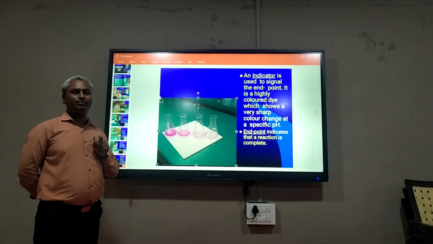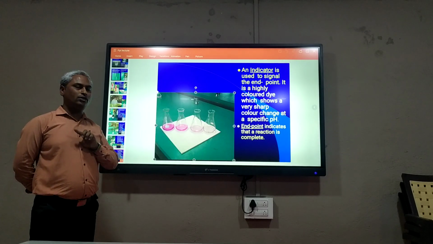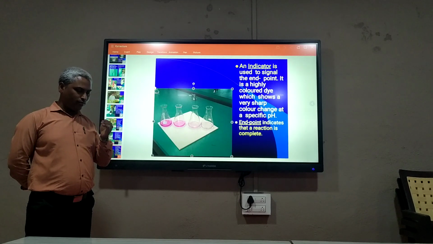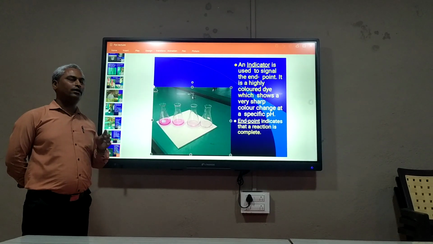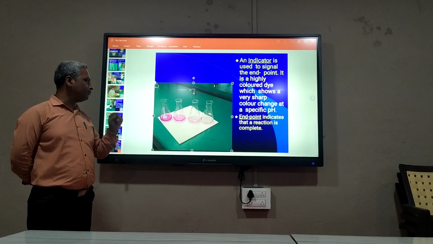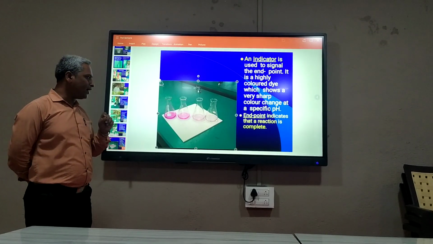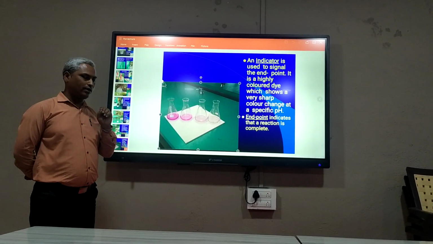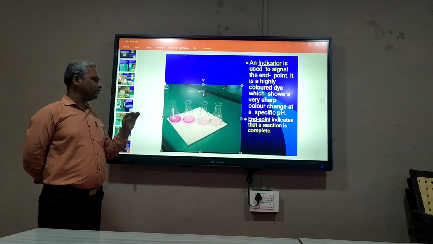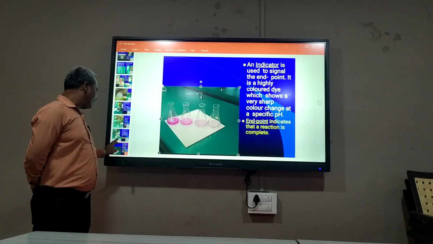When phenolphthalein is in an acid solution, it does not show any color, but when the solution becomes basic, the phenolphthalein indicates a red or faint pink color. Then we say that there is a complete reaction between the strong acid and the strong base.